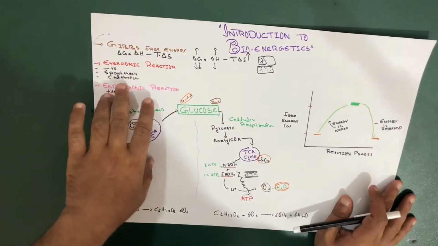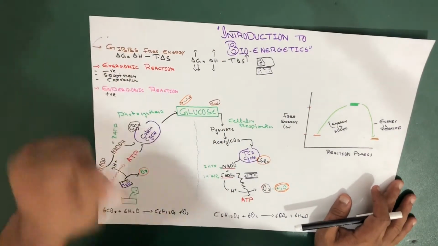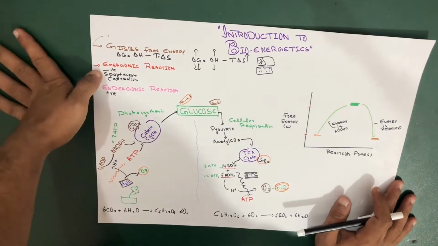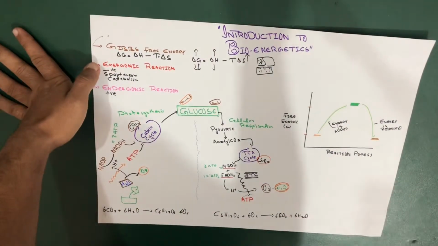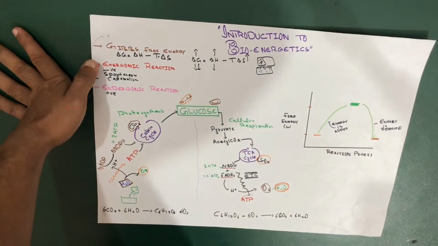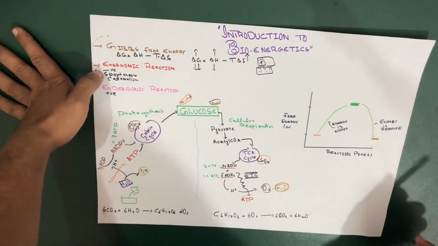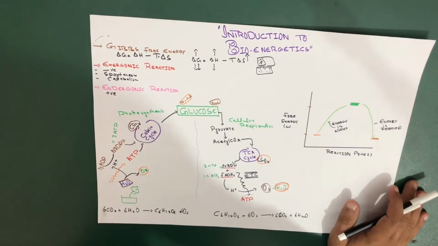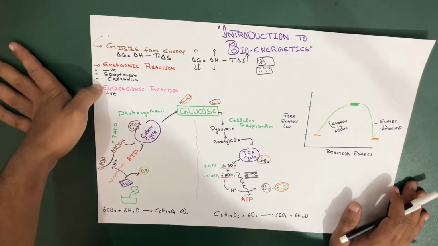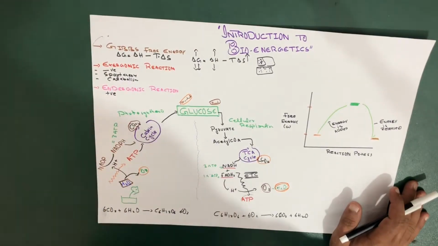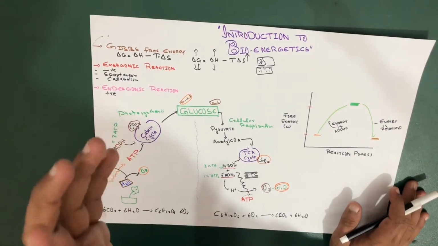It's a negative value of delta G, very spontaneous, very fast. We've just mentioned catabolism and we'll talk about it in the section on metabolism. Catabolism means breaking down. We'll talk about it in detail in other videos. Just understand it here as the destruction of molecules.